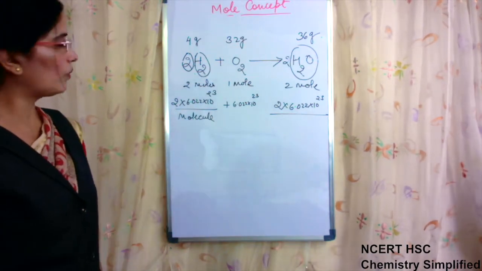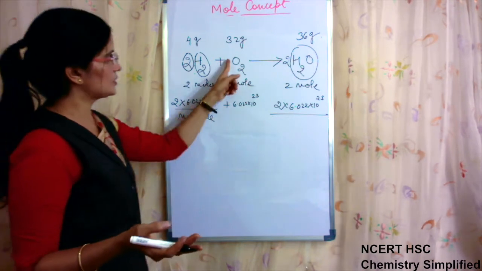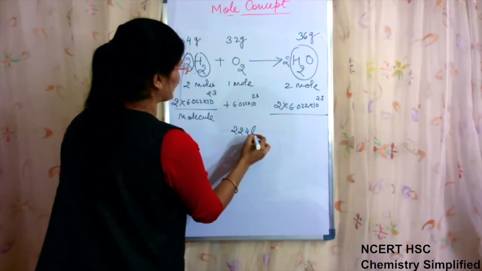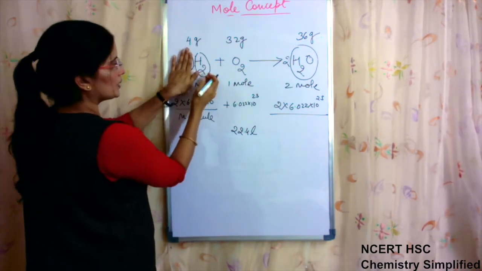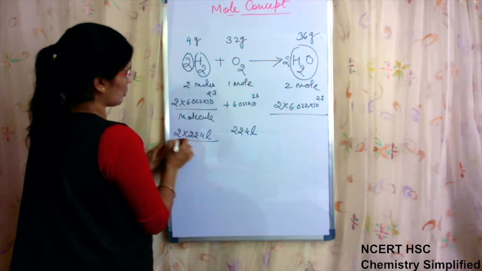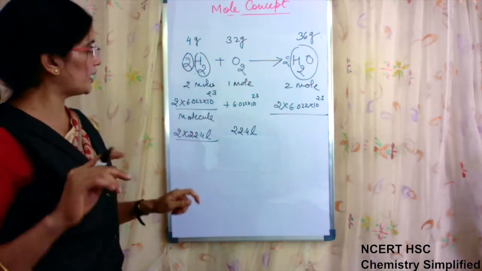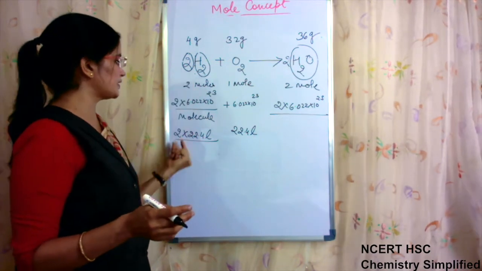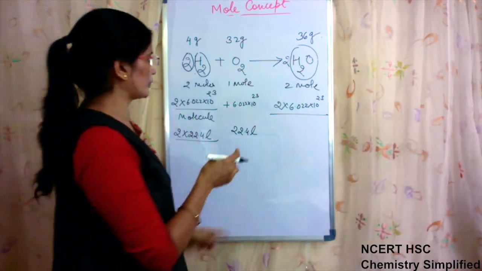In terms of volume, if we want to write, this is 1 oxygen molecule, so it will occupy volume 22.4 liters. But this is not 1, this is 2. So it will occupy 2 into 22.4 liters of volume, because 1 mole of any substance occupies 22.4. So 2 moles will occupy 2 into 22.4.